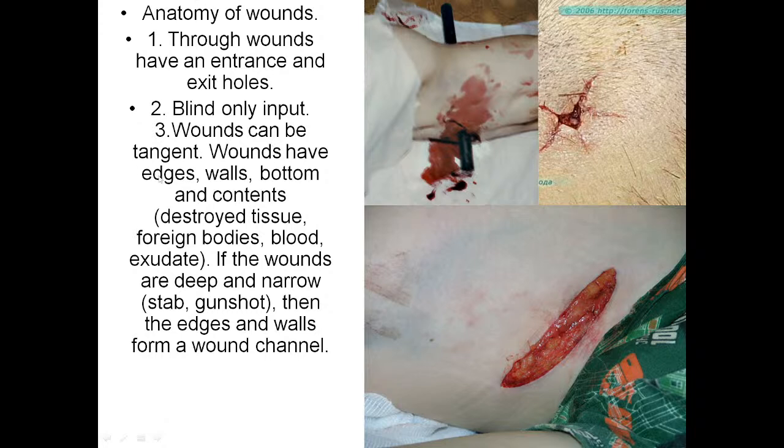Wounds have edges, walls, bottom, and contents: destroyed tissue, foreign bodies, blood, exudate.